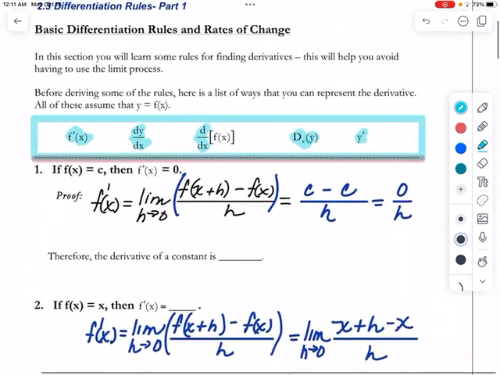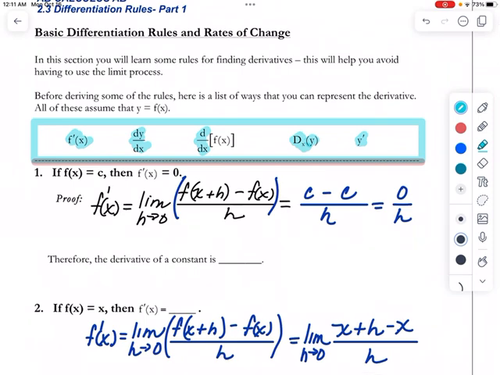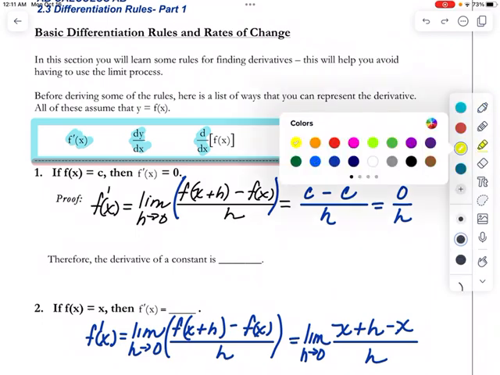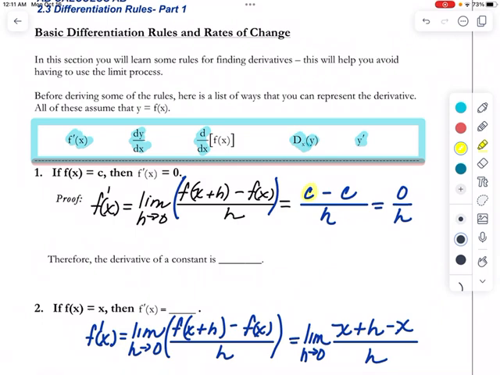So the first thing we're going to do when we're talking about differentiation is the proof of why f prime is equal to 0 for a constant function, when f of x is equal to c. If we set this up, f prime is equal to the limit as h approaches 0 of f of x plus h minus f of x, over h. Since it's a constant function, f of x is equal to c, it's always c. So when the input is x plus h, or when the input is x, it's still going to be c.